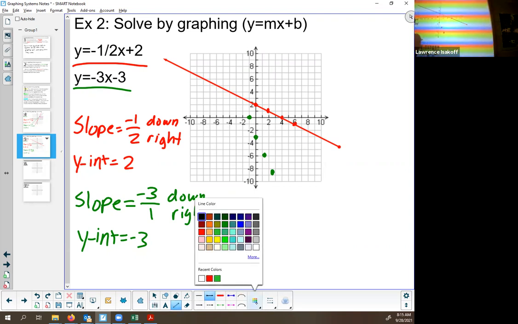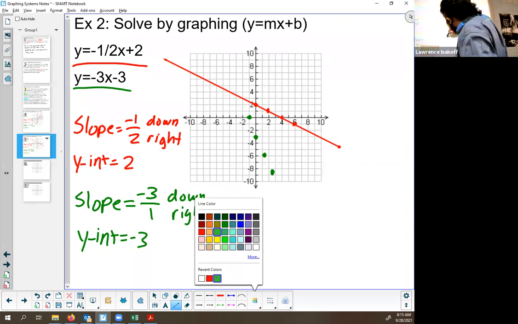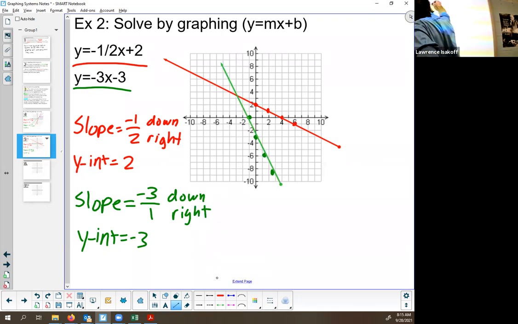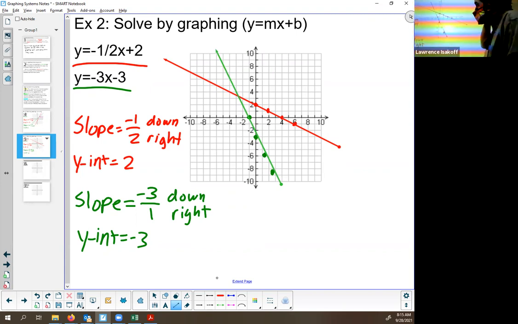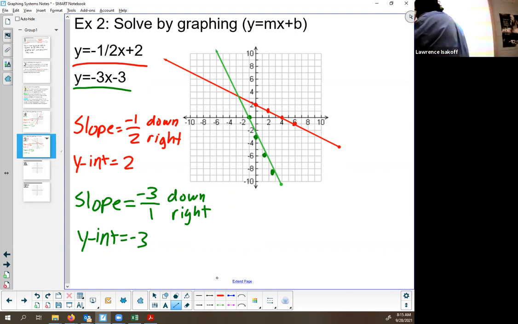But really, you only need 2 points to make a line. Again, something like so. It looks like I'm crossing close to (-3, 3). No, that's not right. Let me redraw that green line.